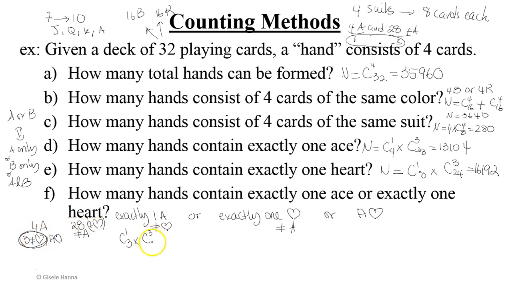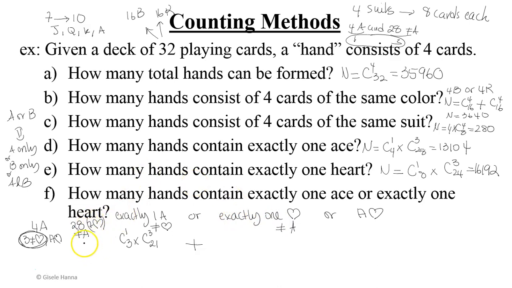So the 3 remaining cards should be out of the 21 cards that are not aces and are not hearts. Then, or, it's a plus. Similarly to how we did the first one, exactly one heart that is not an ace, and we should not have any aces in that hand.